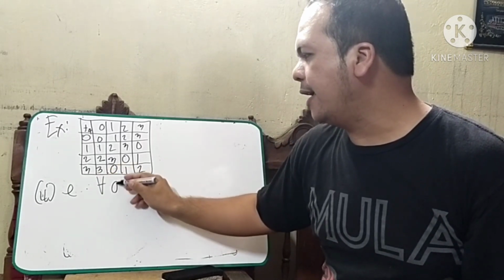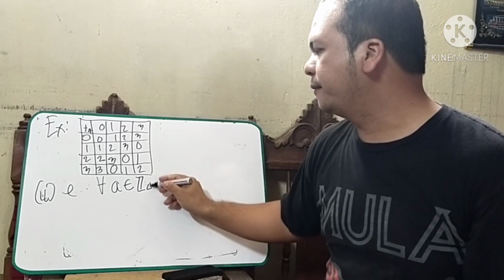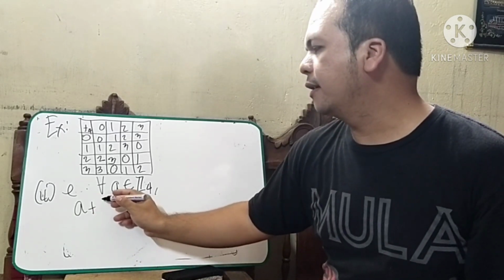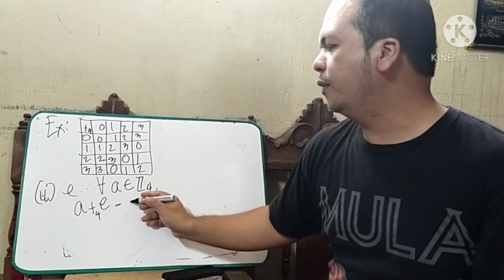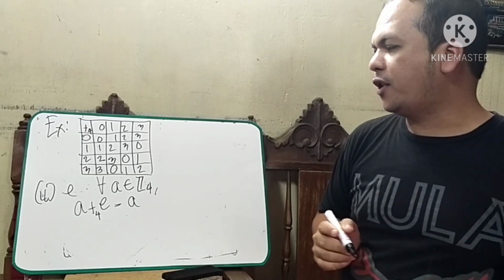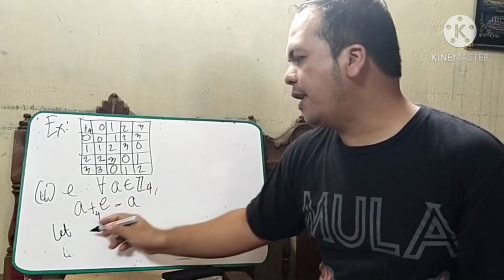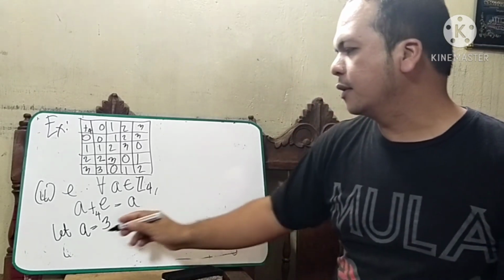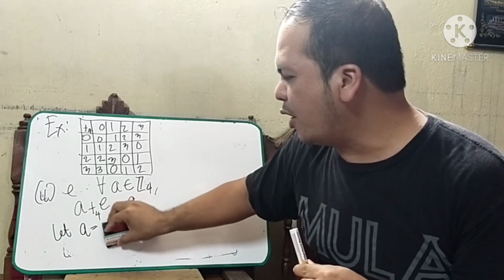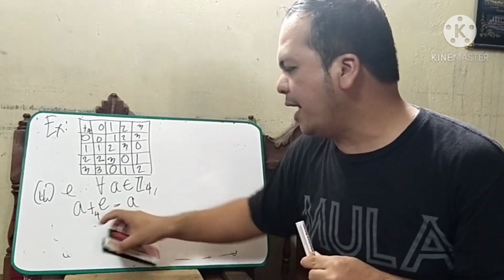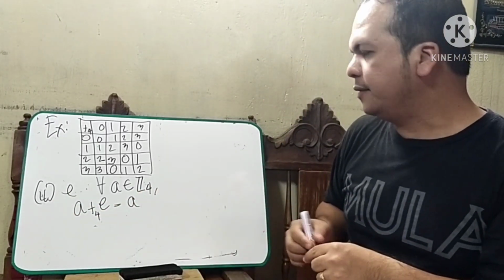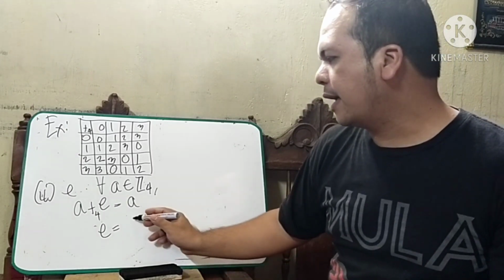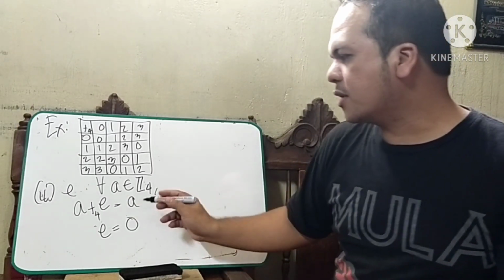So, for all A element of Z sub 4, A plus E modulo 4 is equal to A. If we let A equal to, say, 3, then by substitution, we have... or, kahit na hindi tayo mag-assume ng value para sa A, pwede naman natin siyang i-resolve yung E. Solve natin yung E, so we have E is equal to 0.